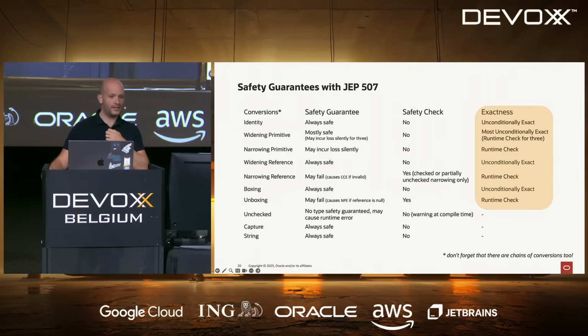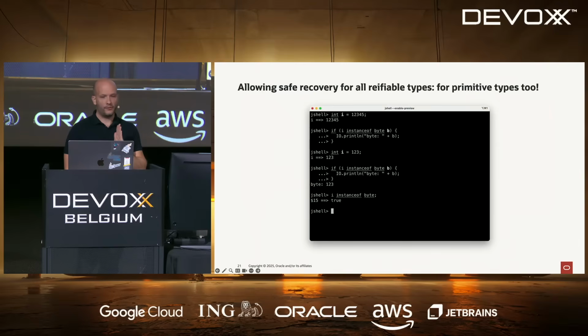Narrowing primitive, there is a runtime check. Widening reference, it's unconditionally exact. Narrowing reference, there is a runtime check because failure may occur, and only the checked ones. And unboxing may fail, so runtime check, but boxing is also safe. Unconditionally exact. So this definition helps us tremendously already to reason about the safety of conversions.